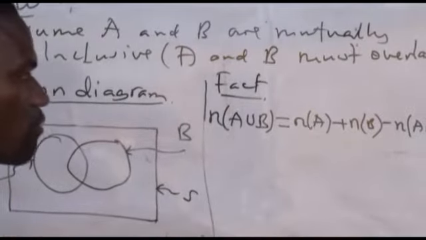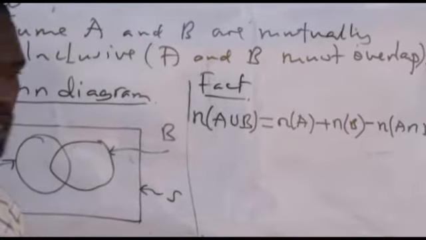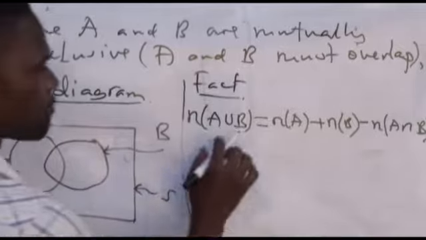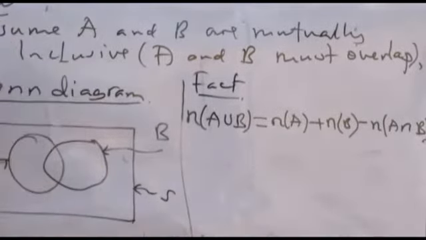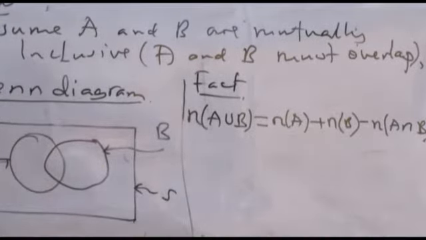This one is coming from set theory. Now, we can convert this formula to represent the formula for probability.